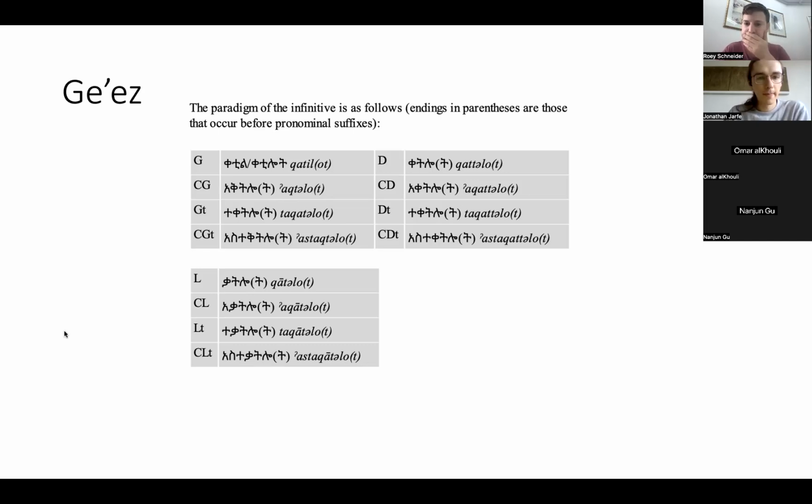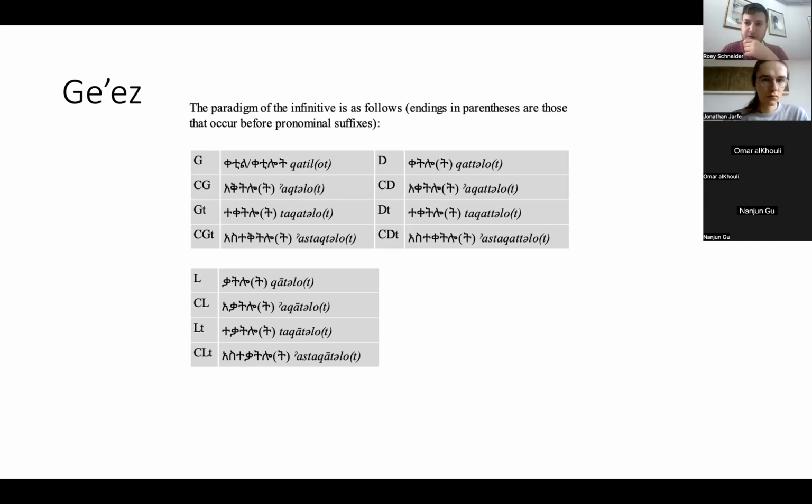Any other question? It's nice to see that in Ethio-Semitic in general, you can only see the T prefixed to the root. It is the only Semitic language that I know of that only prefixes the T stems to the root and never infixes them.